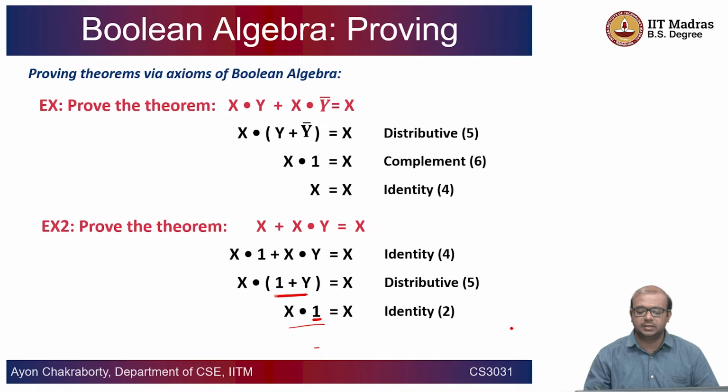So we did a simple demonstration. These were not very complicated expressions, but we will also be giving you tutorials on how to simplify a little bit more complex Boolean expressions, and you could be using these laws like distributive laws or commutative laws and other axioms to simplify them, right?